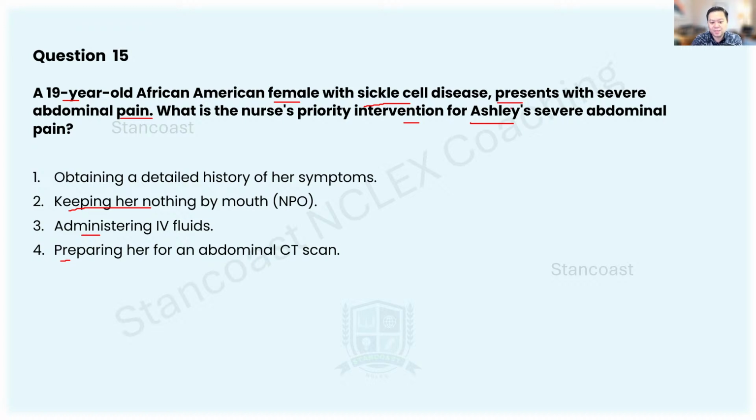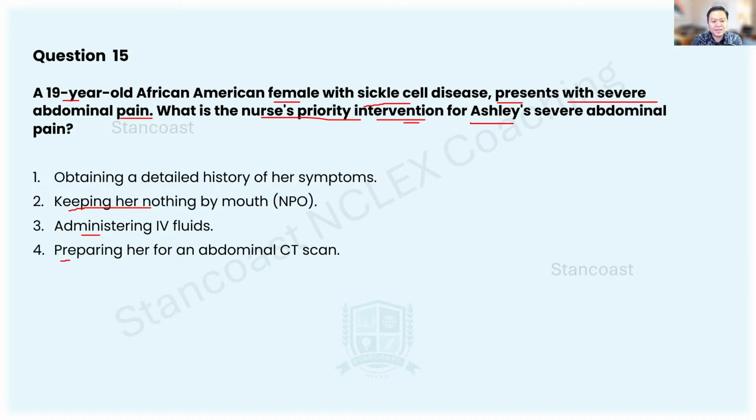Well, that kind of woke me up this time. What do you think would be the priority intervention? Severe abdominal pain, guys.